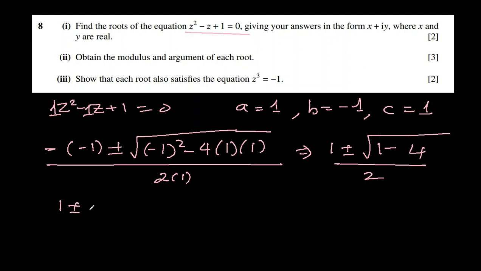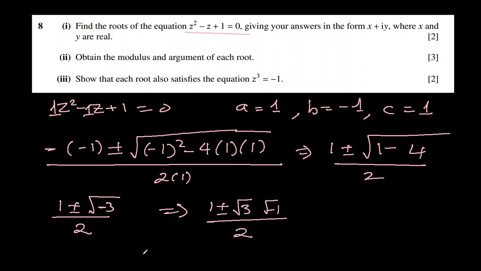So 1 plus minus square root minus 3 over 2, and minus 3 makes it a complex number. How to convert it to a complex number? 1 plus minus square root 3 times square root minus 1 over 2. And that's how we get 1 plus minus square root 3 i over 2.